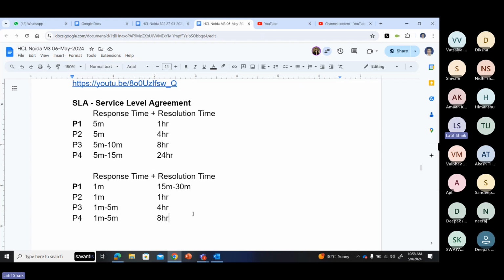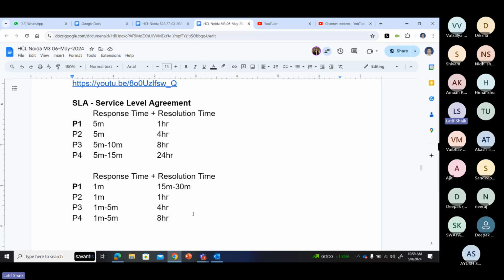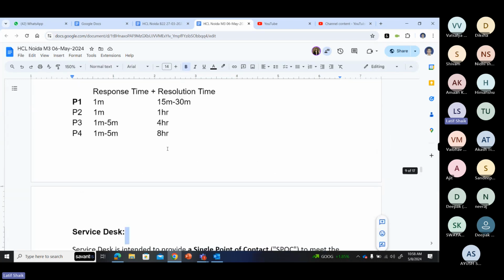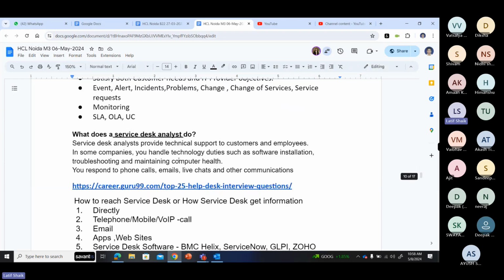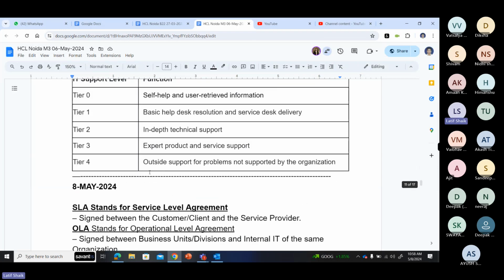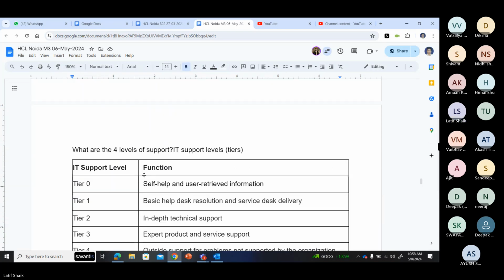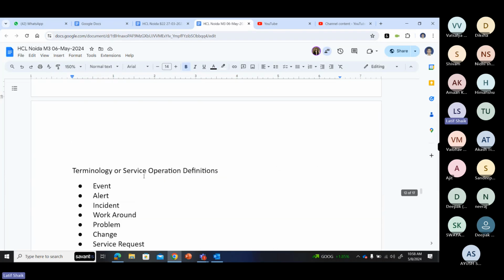They design the priority levels, response times, and resolution times depending upon the client, the customer. So it defines when the ticket will be resolved. Of course, there is also an extension, which I will add later. So what are these priority extensions? We'll see. Small points.